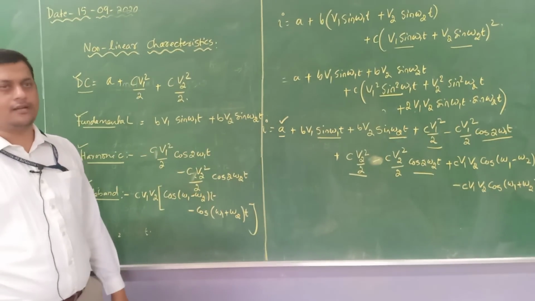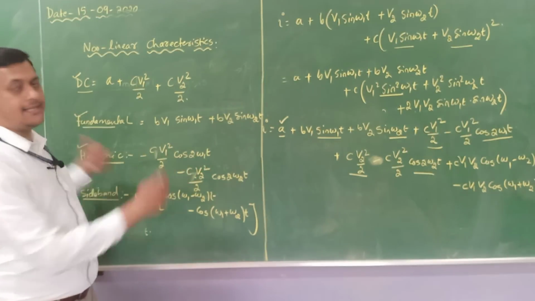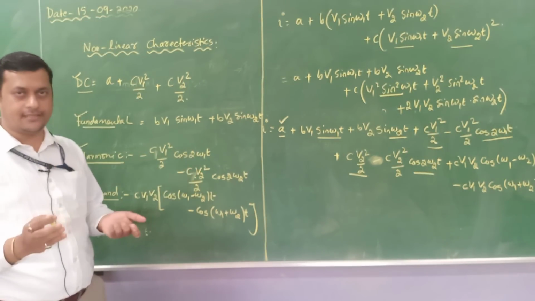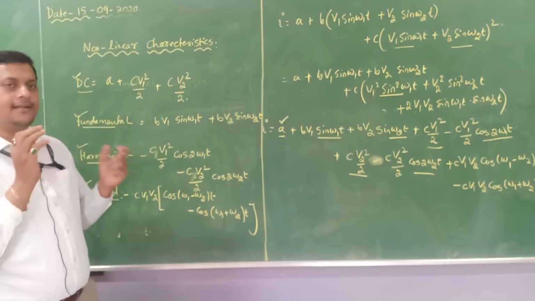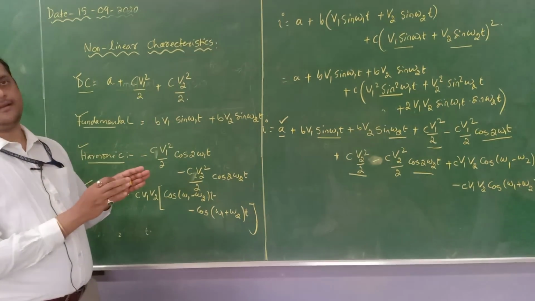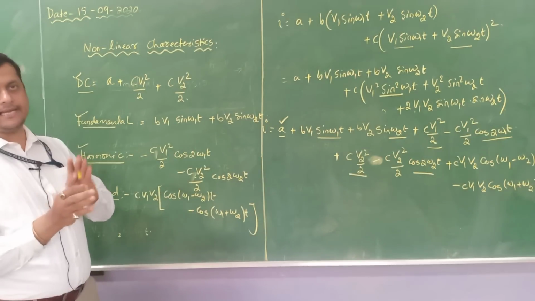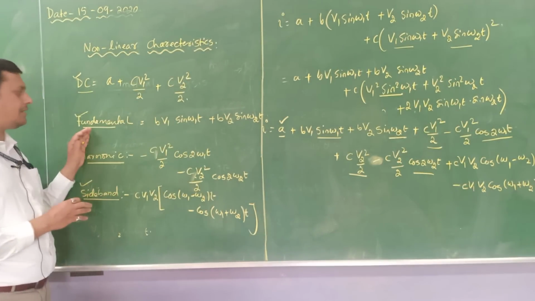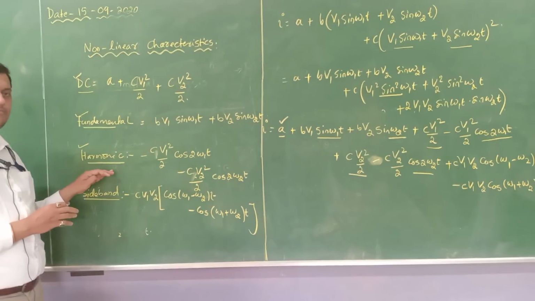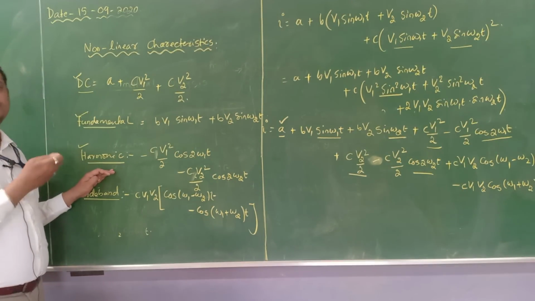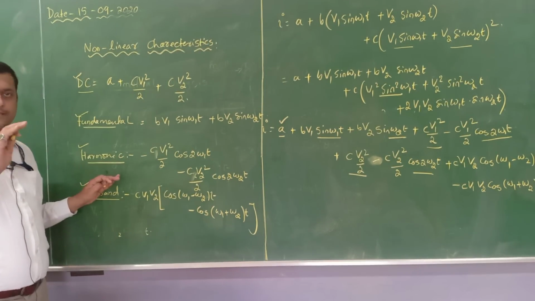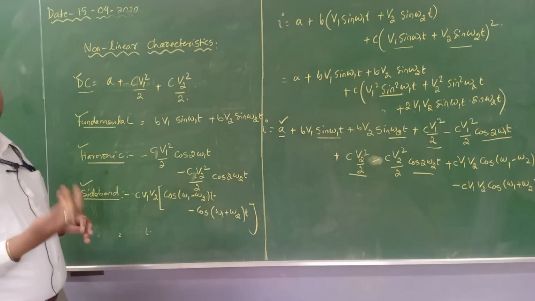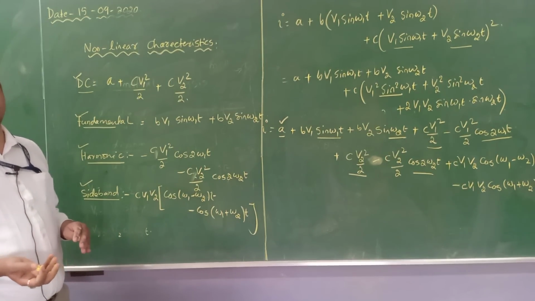So I will pass this whole signal through a certain filter which will only consider the carrier and the sidebands, and the rest of the components, whether DC, fundamental, or harmonic, will be eliminated or suppressed, and only the AM component is going to be transmitted.